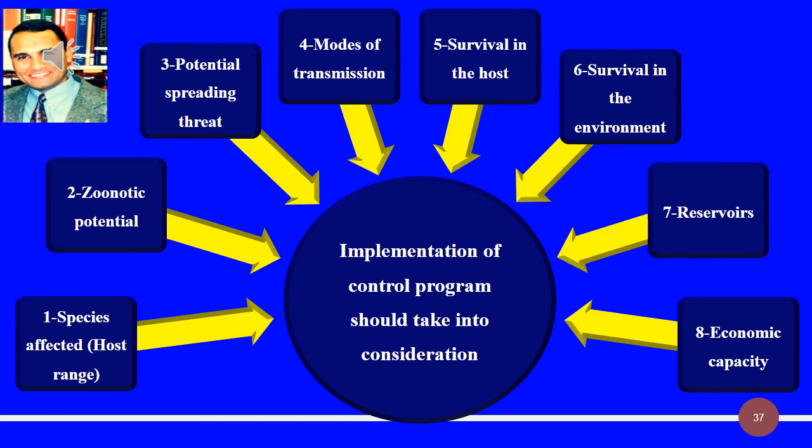Number three, potential spreading threats. Number four, modes of transmission. Number five, survival in the host. Number six, survival in the environment. Number seven, reservoirs. Number eight, economic capacity.